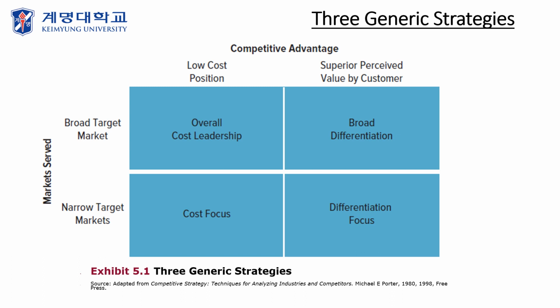If the firm's position is in low cost but with a narrow target market, you could use the combination of cost and focus strategy. If the position of the firm is in superior perceived value by customers with a narrow target market, you can use the combination of differentiation and focus strategy.